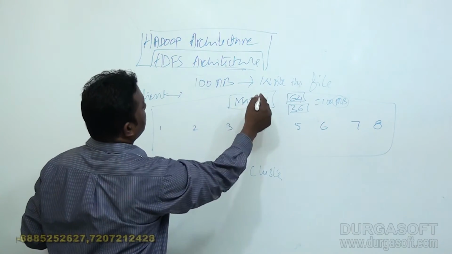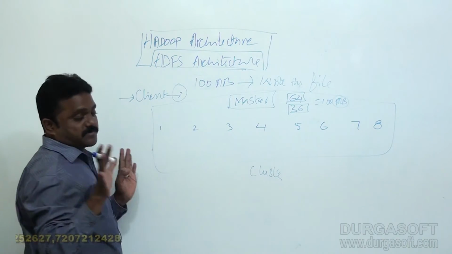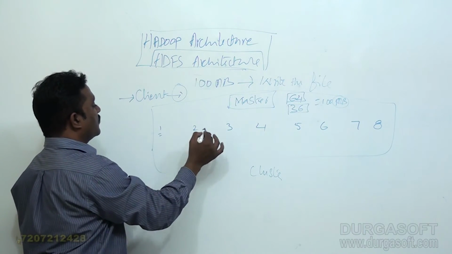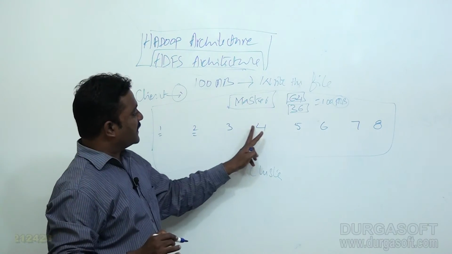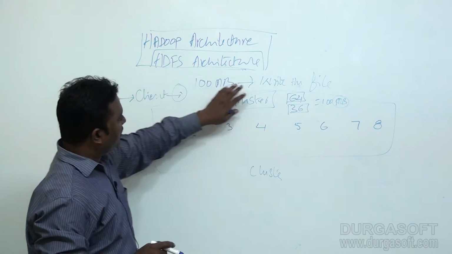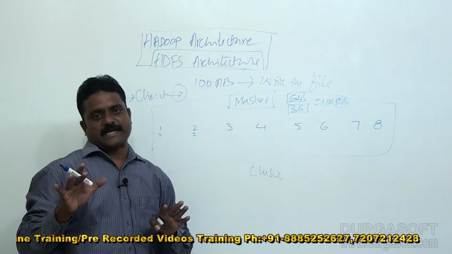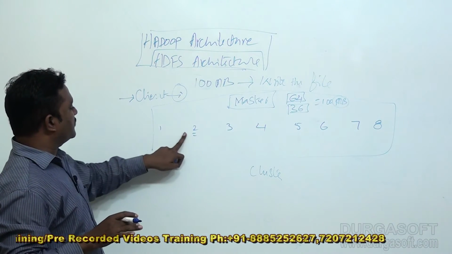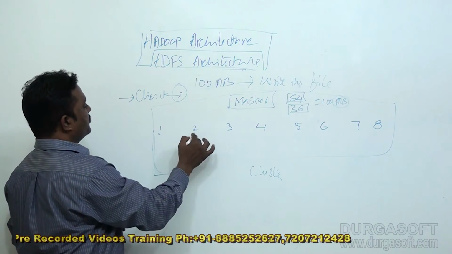With this diagram, these two nodes are very close, this one is a little distant and this one is very far. If the client is here, then these two become the closest. The client is closer to machines 1 and 2, so the distance is good.